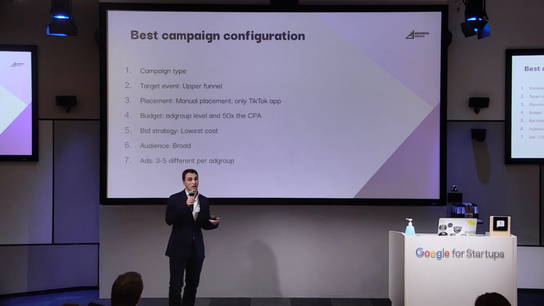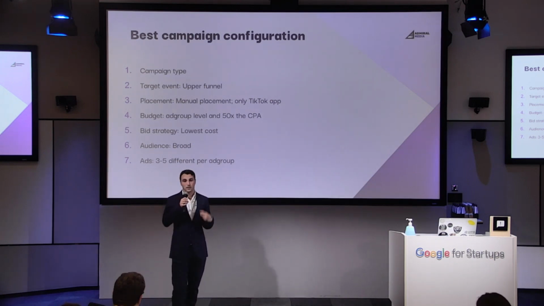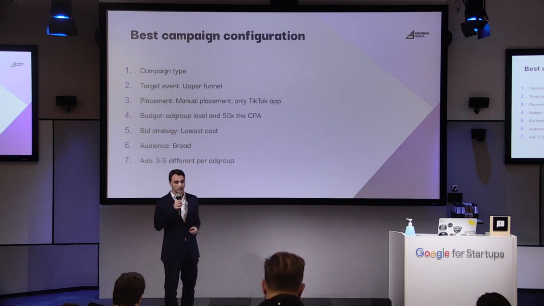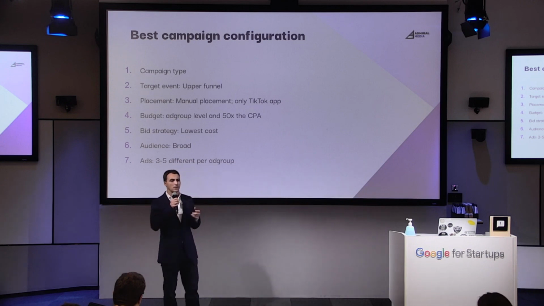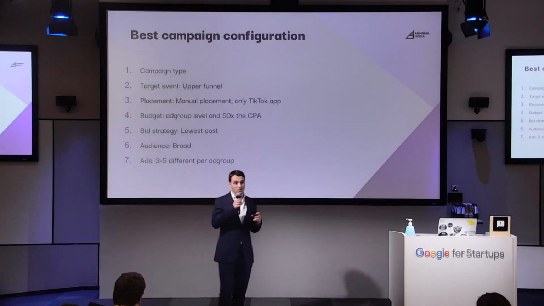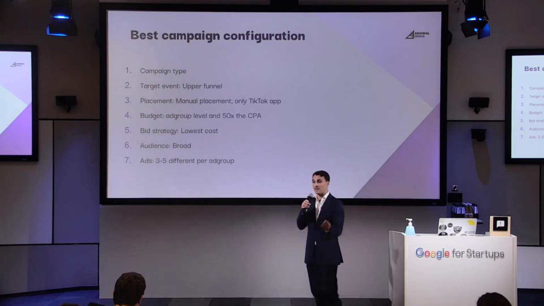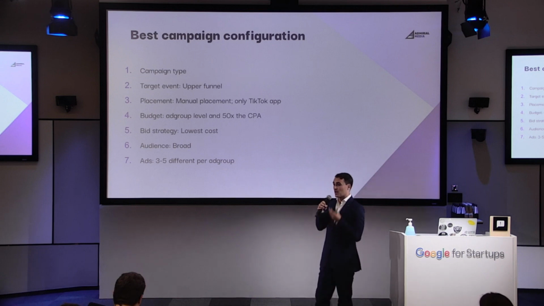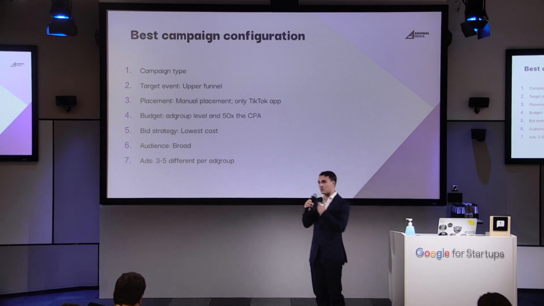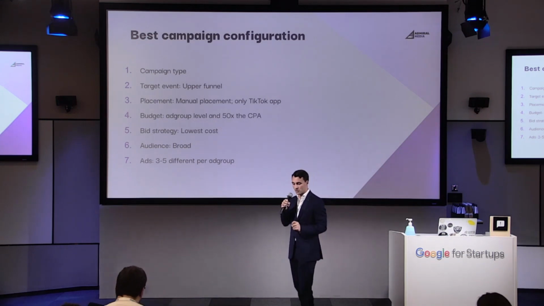So if we have, for example, a campaign that is targeting a cost per install of €2, let's give it at least €100 per day of spend, so it gets a lot of data and can optimize wisely. Regarding bid strategy, if you do not have a clear CPA to target, go with lowest cost, because then the algorithm will tell you how good a performance it can get, and not ourselves telling it, because otherwise it will not spend and it will create issues.